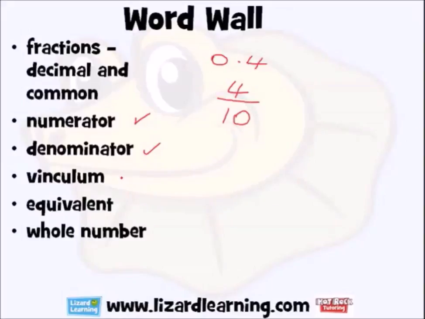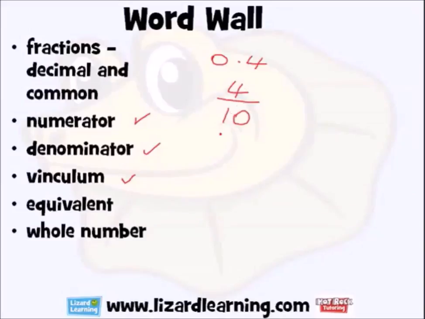We call that a vinculum, and like everything else in maths, it's got a little job to do. It is actually a divide sign. What we've divided things into here is tenths. The top number, the numerator, tells us how many of those tenths we take.